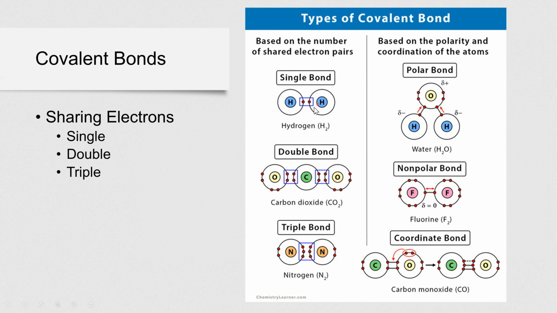Now also covalent bonds can be non-polar when we have kind of an equal share of electrons, but some molecules, like you see the water molecule, for example, have polar covalent bonds.